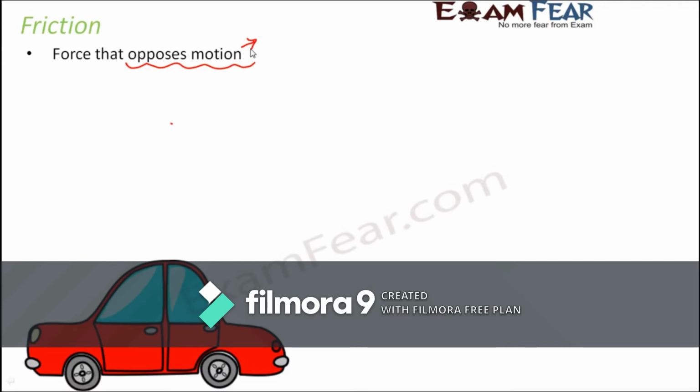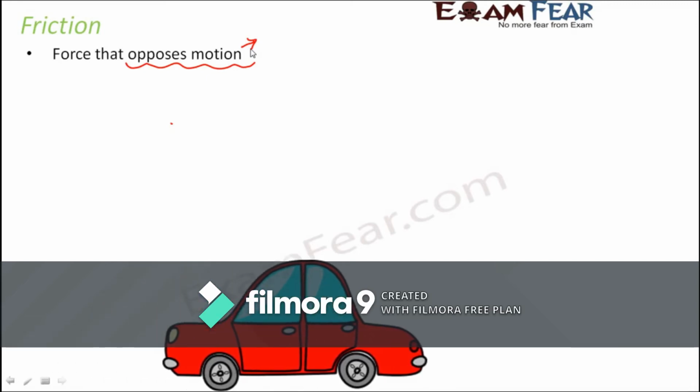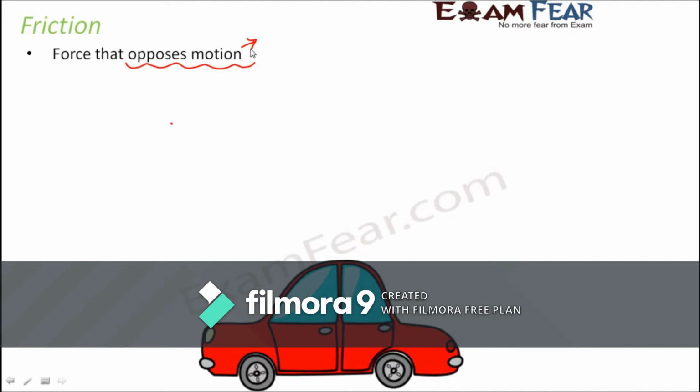Let us suppose you have a toy car. When you push the car, what happens? The car starts moving, and after a while it stops. Now why does the car stop? Because you did not stop it by putting your hand or something. You just gave it some force because of which it started moving, but it came to a stop on its own.